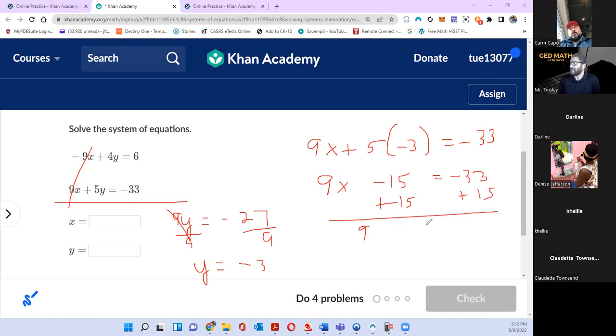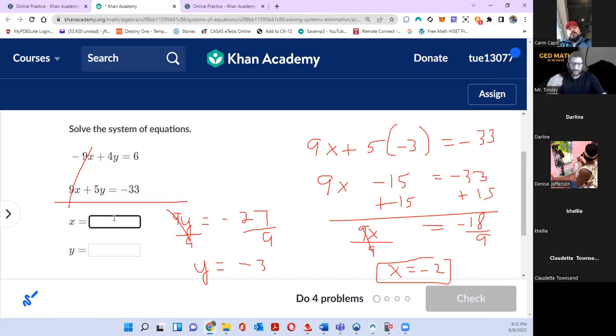I get 9x is equal to negative 18. Divide both sides by 9. I get x equals negative 2. So x is negative 2, y is negative 3. Let's see if we're right. x is negative 2 and y is negative 3.